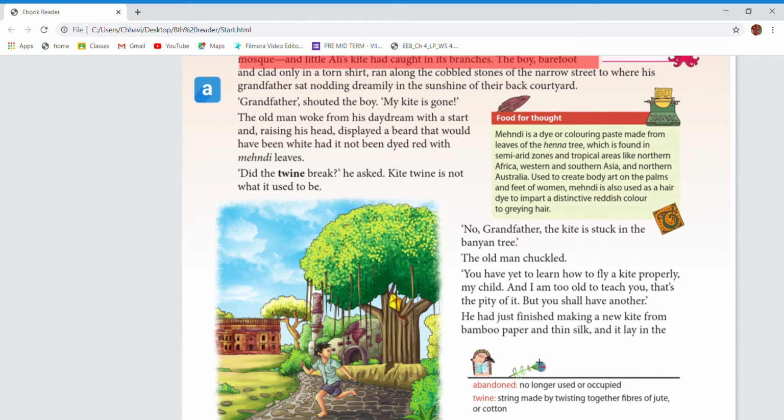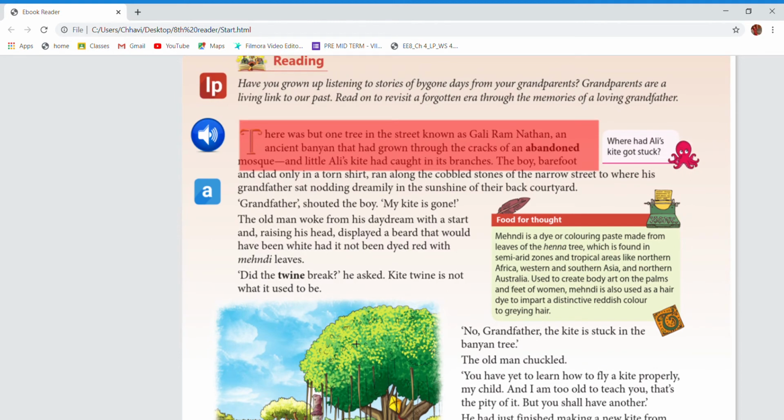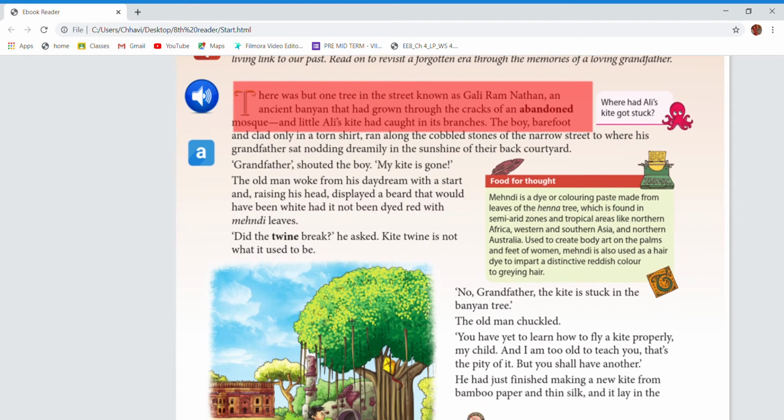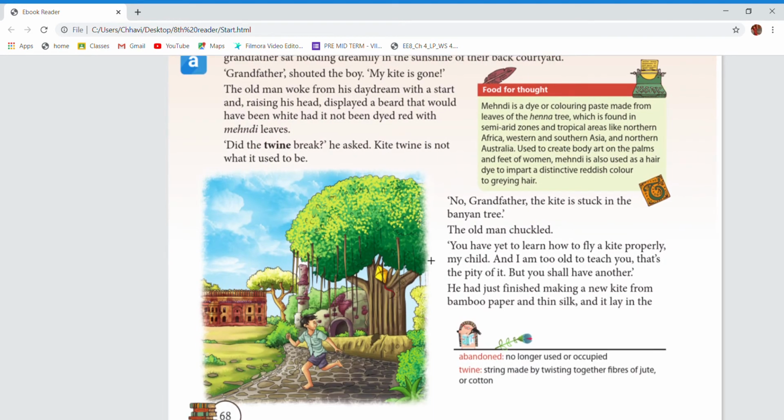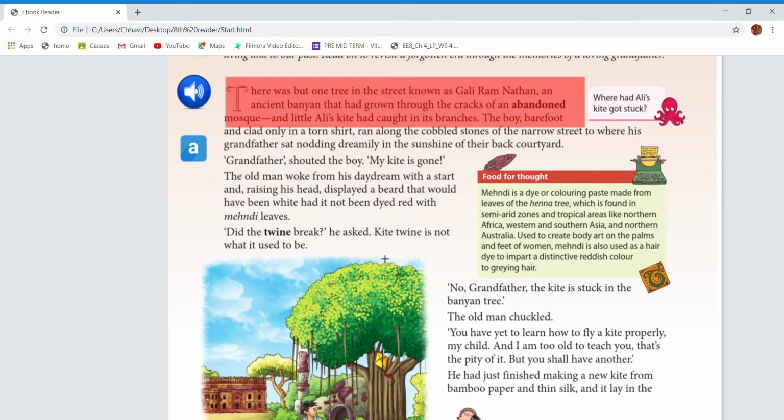Abandoned means no longer used. So it has grown through the cracks from the middle of this mosque, and something has happened. Ali's kite had got caught in its branches. As you can see in the picture, the kite has stuck on the branches of the tree.